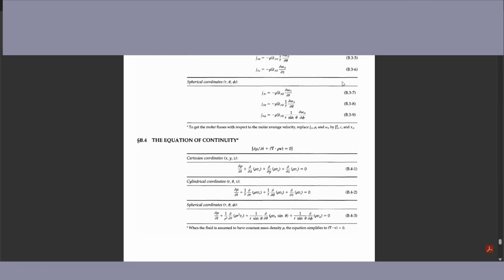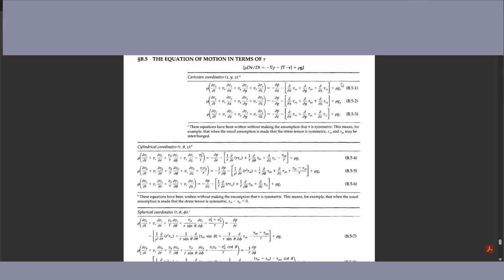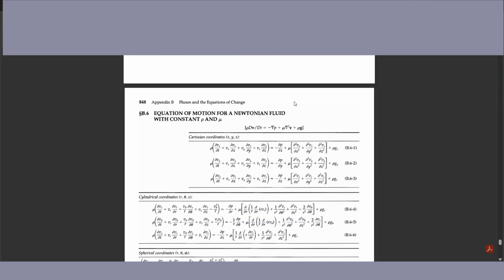The second equation we use is the equation of motion, B.5. We're not using these equations because they're more complicated and you have to get the definitions for each of these normal and shear stresses. Basically, it's kind of annoying to do that. So we're using them with constant density and viscosity, because we're in a chapter that assumes Newtonian fluid, so we can use these equations, where the definitions for the shear and normal stresses are basically given.